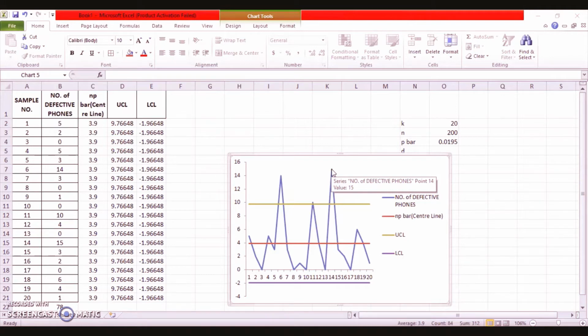Now to bring that process under statistical control, it is mandatory to investigate the assignable causes and take the necessary corrective actions to eliminate such causes. So once this is done, we eliminate the out of control samples and calculate the revised center line, upper control and lower control limits for the NP chart using the remaining samples which we have after removing the discarded sample.